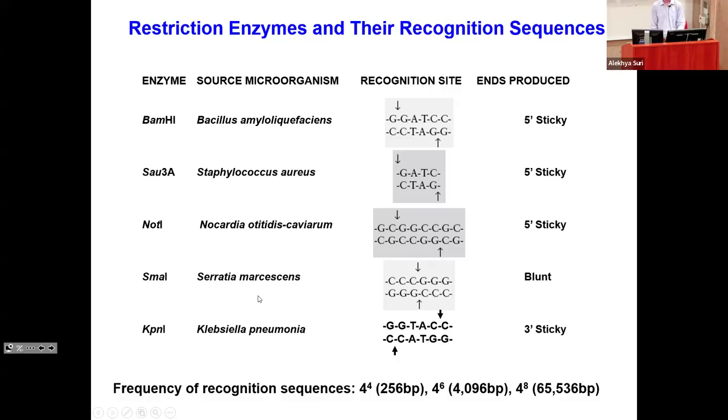So there are different enzymes with different endings: 5' sticky ends, or blunt ends, which means there's no overhang. Blunt ends are not good for cloning. A sticky end with an overhang would be much better for cloning purposes.